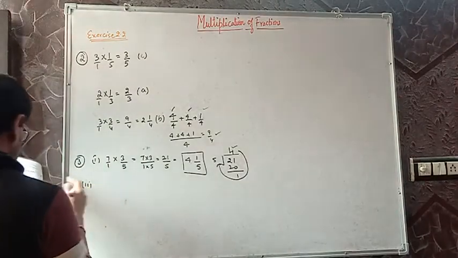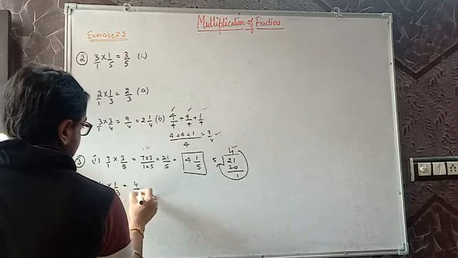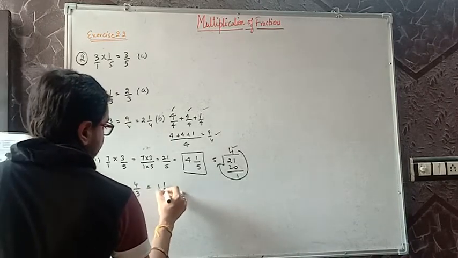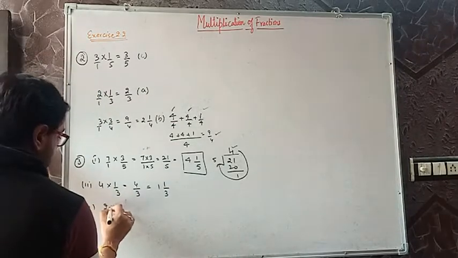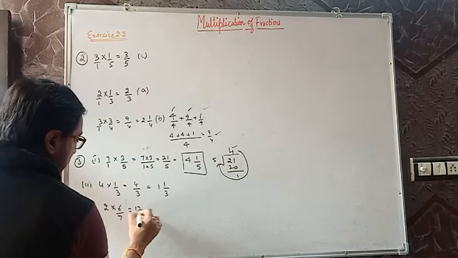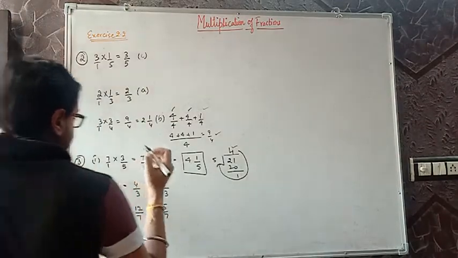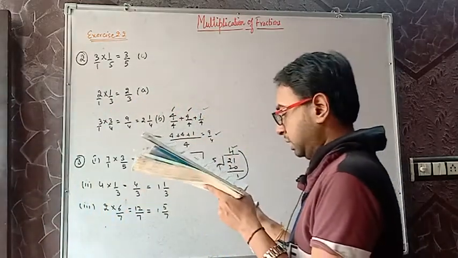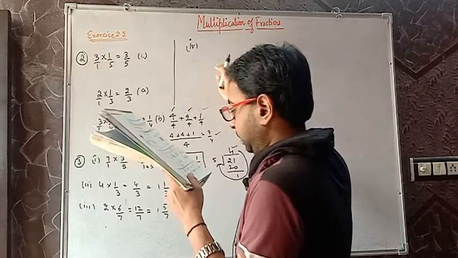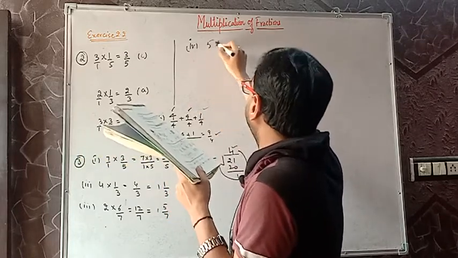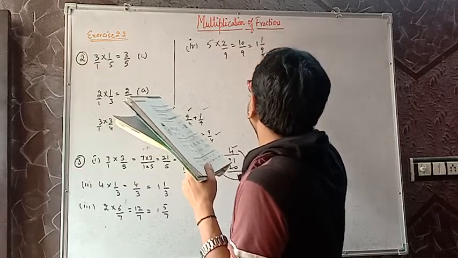Next, part second, 4 1 by 3, that's equal to 4 by 3. 4 by 3 is 1 1 by 3. Third, 2 6 by 7, that is 12 by 7, again 1 5 by 7. Fourth part, 5 2 by 9, that is 10 by 9, that is 1 1 by 9.